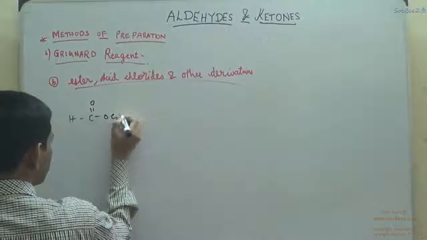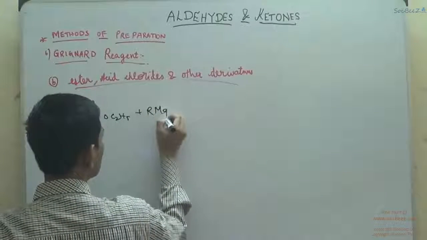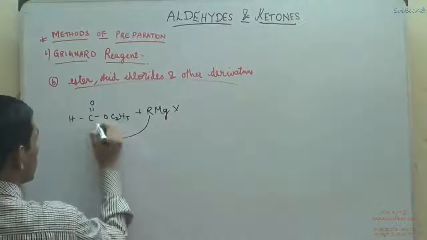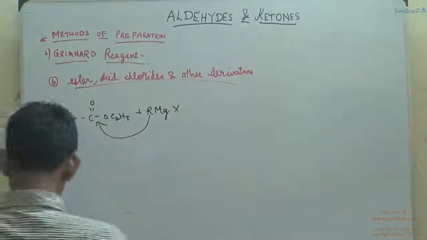So this is an ester plus RMgX. What happens? R goes and attacks the carbon atom containing the C double bond O group.